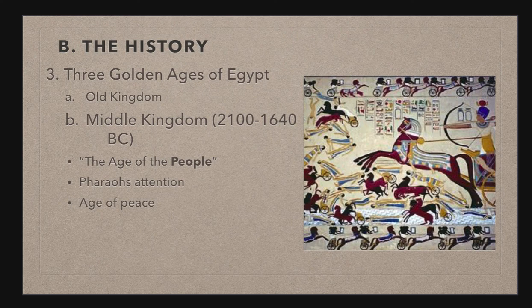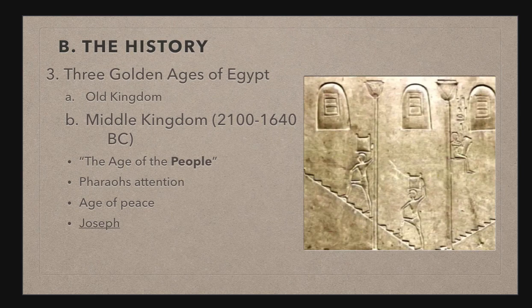Generally speaking, this time period was characterized by peace. The people were happy, the people were content, the people were well fed. There were not a lot of enemies. And so, again, this is why it was a golden age, because it was peaceful and the people were very happy with what was going on.